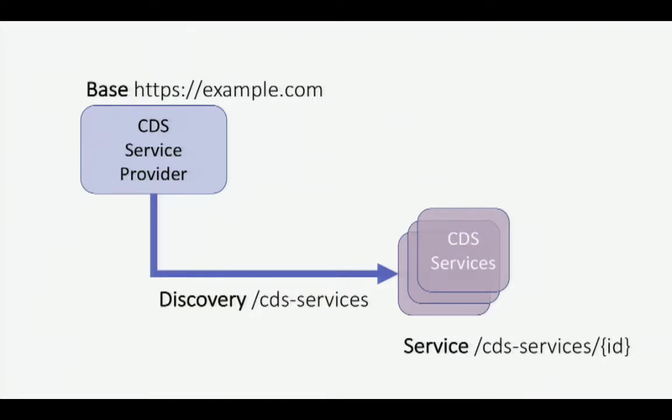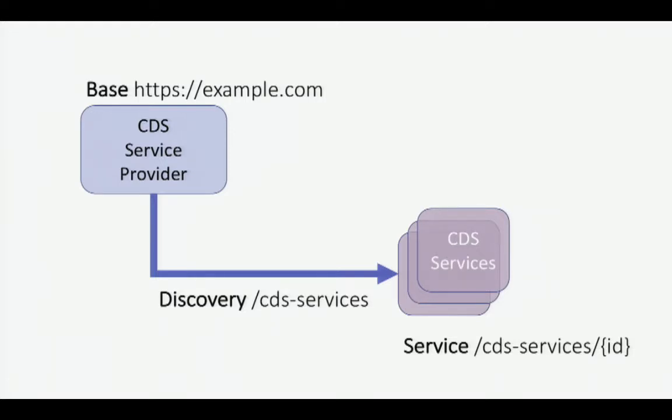So given a base URL, like in this case, example.com, if you call that base URL and you append on there cds-services, then you get back a JSON document that tells you all the CDS services that hang off of that base URL. Additionally, this discovery endpoint is what prescribes to the EHR the URL location of all the CDS services within that base URL.